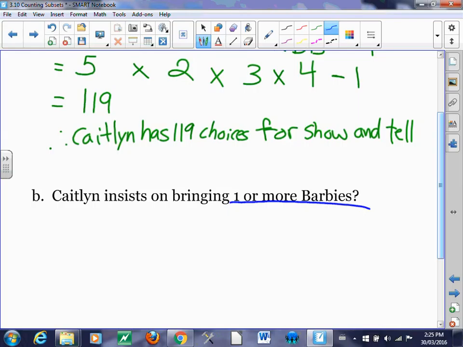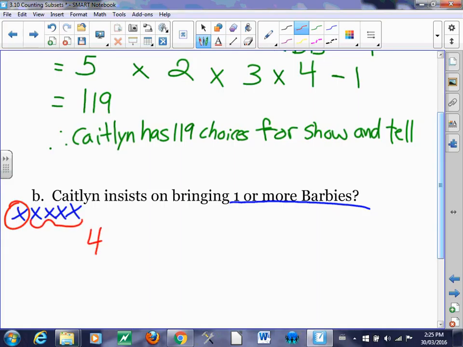So out of the 5, 1, 2, 3, 4, 5, 1 for sure she's bringing. So we know that. So instead of having 5 to choose from, she's only choosing from 4 Barbies. Okay? So there's 4 options there.